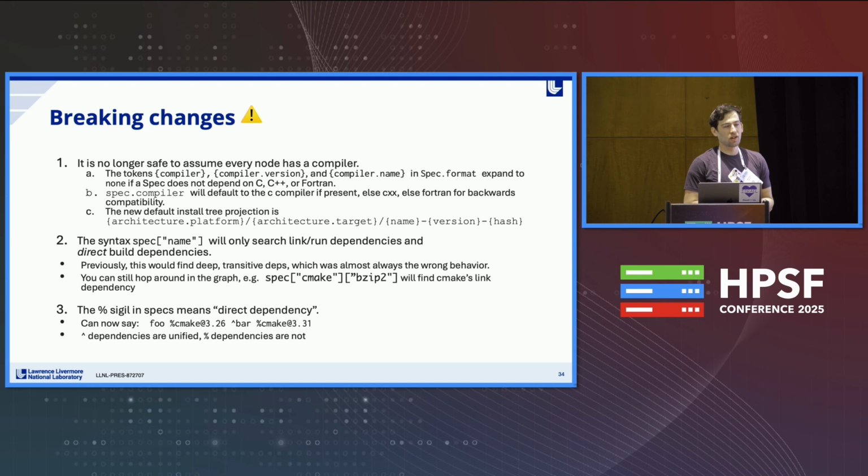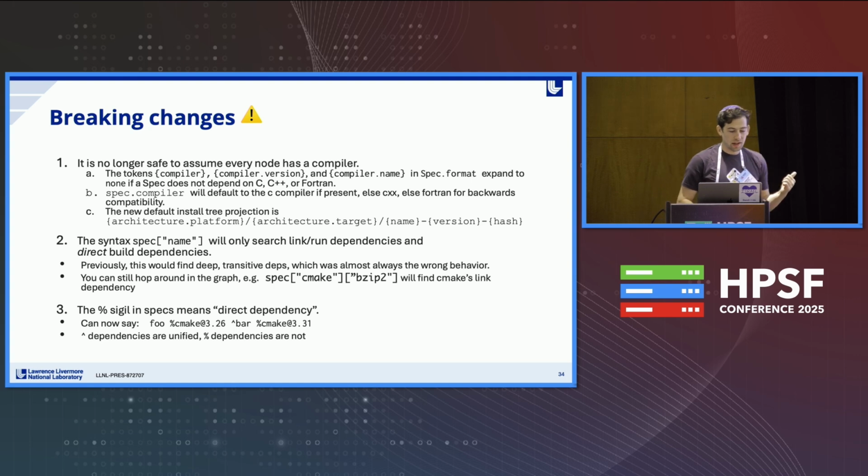And if it doesn't depend on C, I guess you meant the C++ compiler. And if it doesn't depend on either of those, I guess you must have meant the Fortran compiler. And we won't throw the error unless it really doesn't depend on any of those. But instead, you'll need to say, OK, give me my C dependency, my dependency that is providing C, the same way that you would for my dependency that is providing MPI.